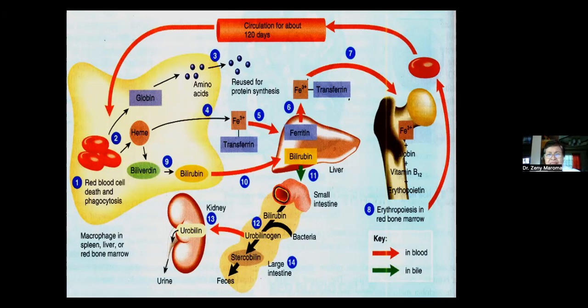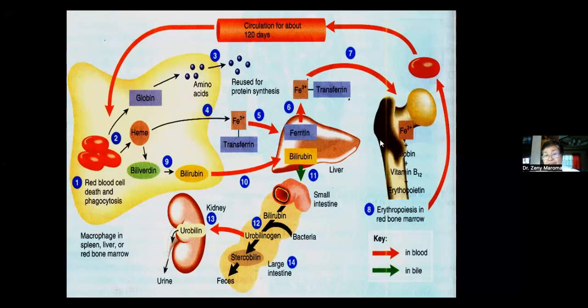From the liver, it passes through the blood and is used for future blood formation, which occurs in the bone marrow. Okay. While the porphyrin molecule becomes biliverdin, converted to indirect bilirubin.